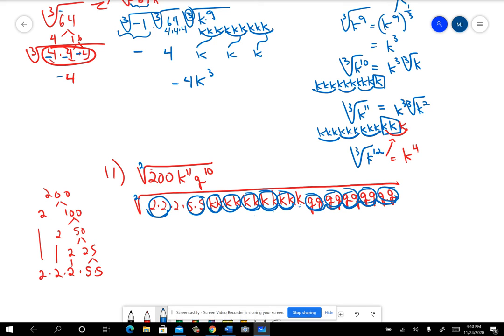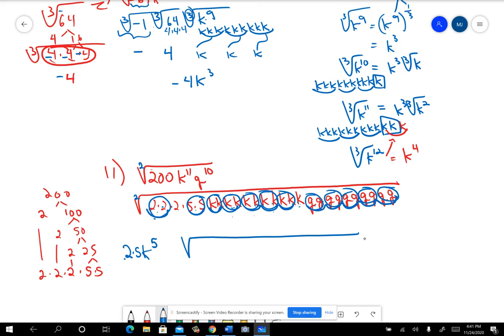All right, so remember how we deal with this. For every pair, we can bring out the square root of it. So 2 times 2 is 4. Bring out just 1, 2. Bring out 1, 5. Here we have 1, 2, 3, 4, 5 k's. That'd be k to the 5th. This k would be trapped underneath.